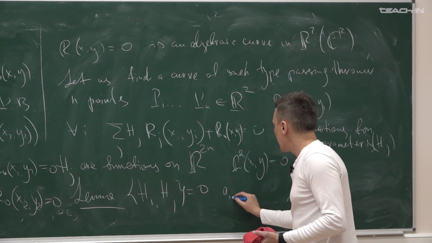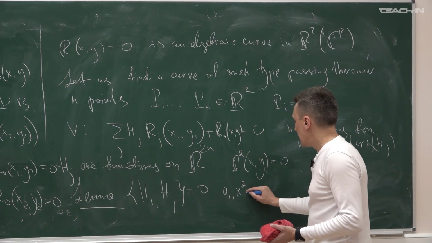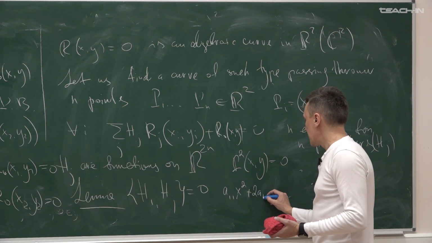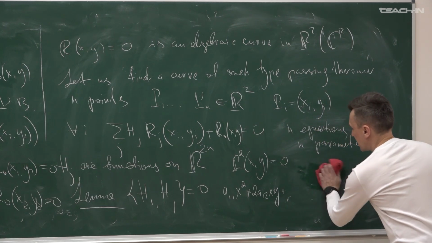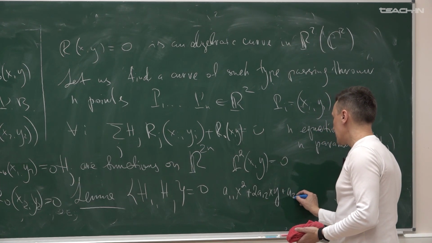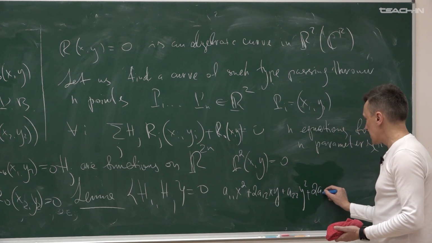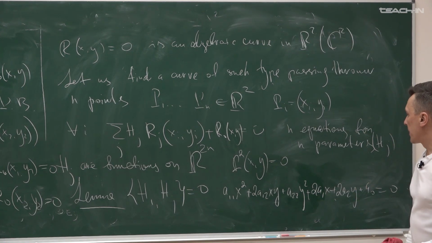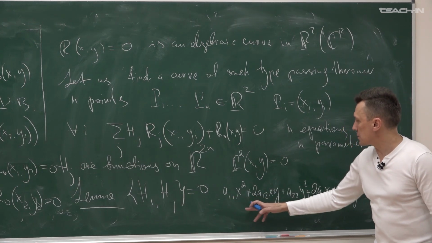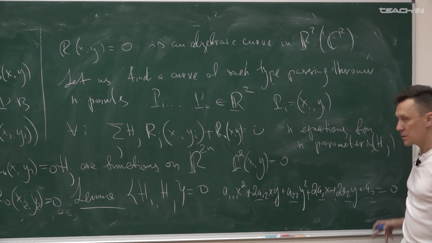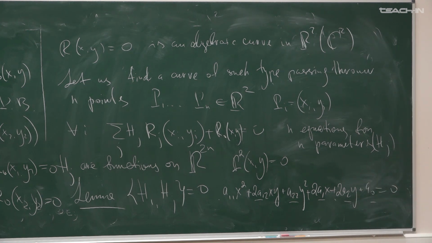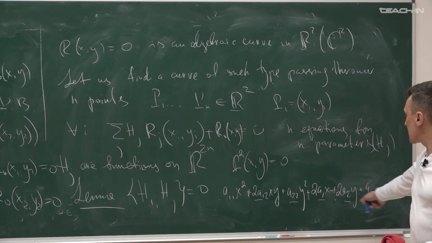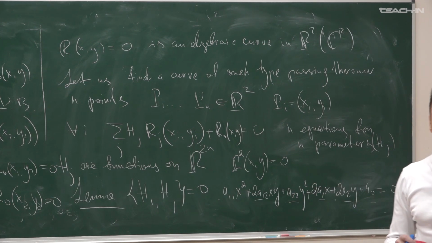A generic polynomial has a specific form, with generic coefficients here, and if we impose 5 conditions, passing through 5 points, these conditions define the 6 coefficients, up to multiplication by a common constant.